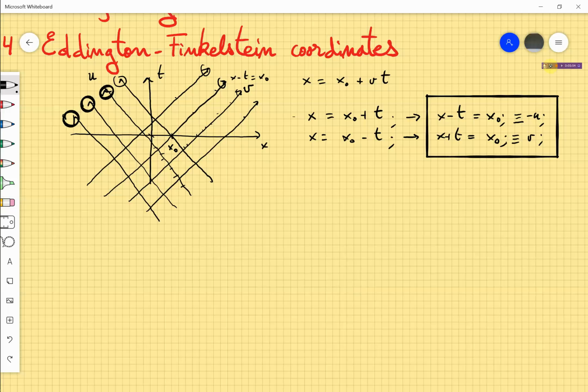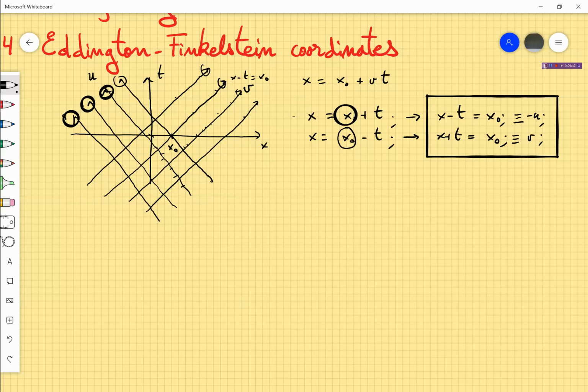These are particles with given speeds, positive and negative, and distinguished by the value of the initial position. So if we have an infinite number of particles, we cover all the possible values of x0. We need a set with positive velocity and another one with negative velocity.